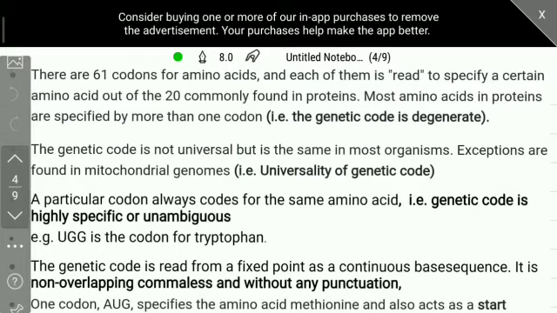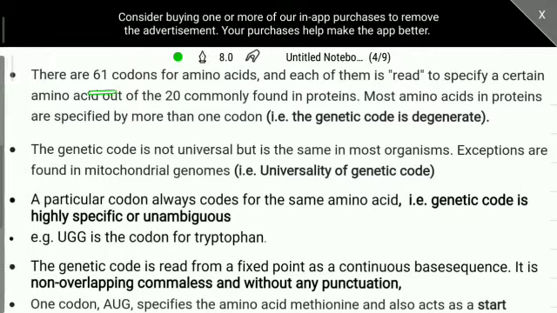In this slide, we are going to see some interesting information regarding the genetic code. There are 61 codons for amino acids, as we have just seen. Each of them is read to specify a certain amino acid.